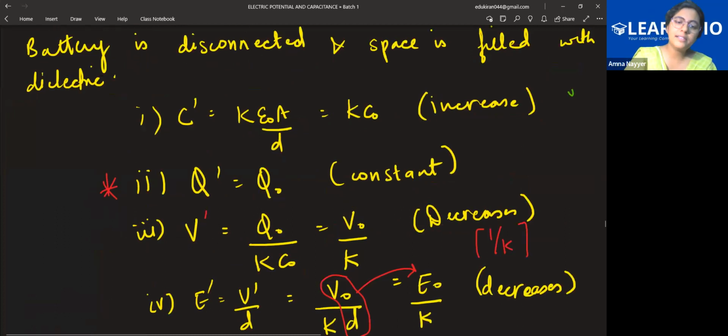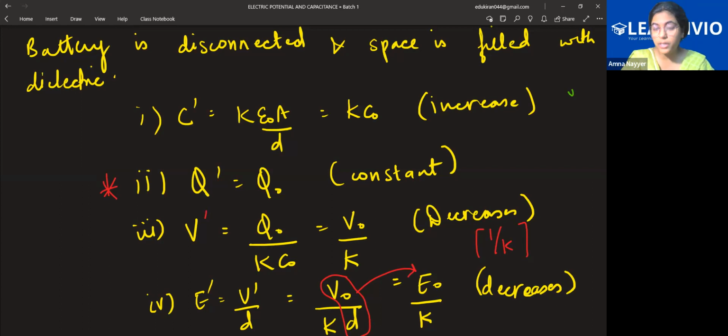Now next, if the battery is disconnected and again the space is filled up with a dielectric, then the capacitance C dash will increase K times epsilon naught. Whatever is the dielectric constant's value, it will increase that many times. Then we have the charge. The charge will remain constant.